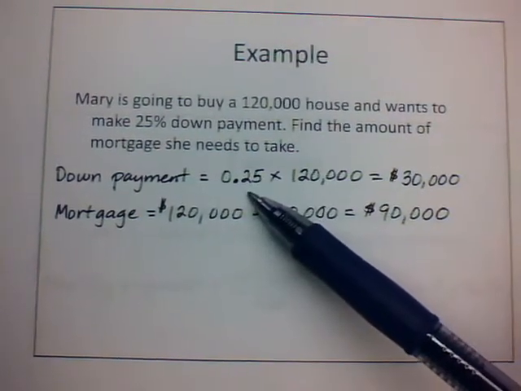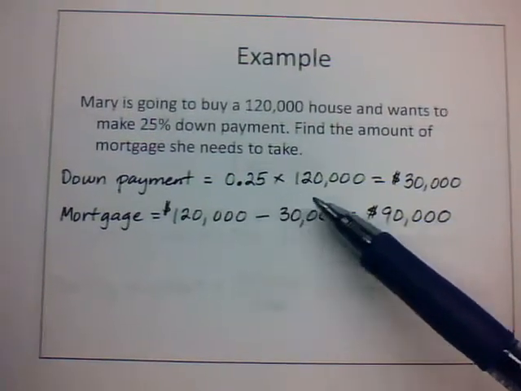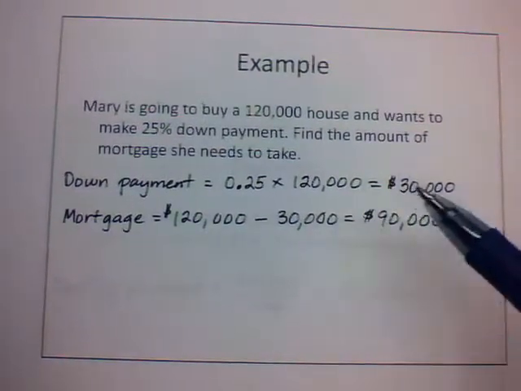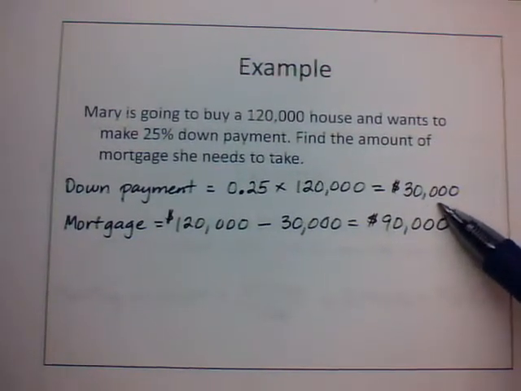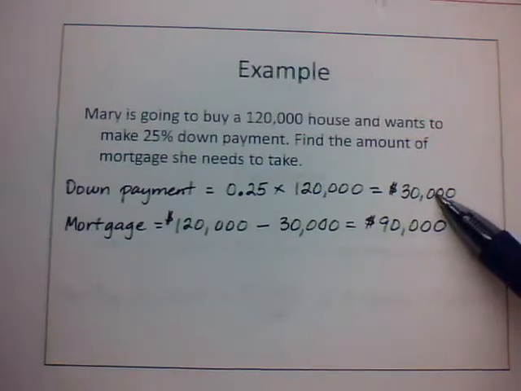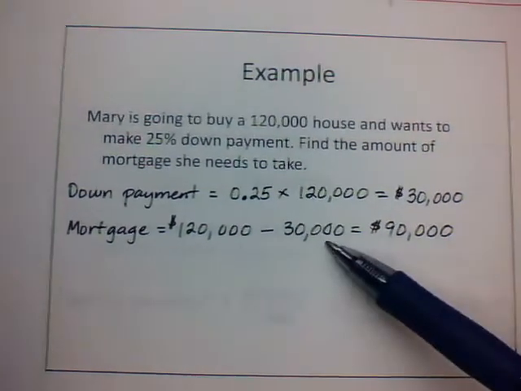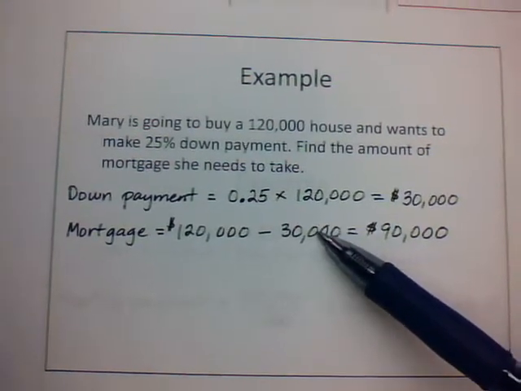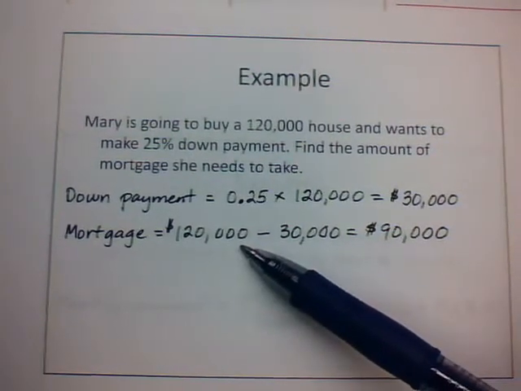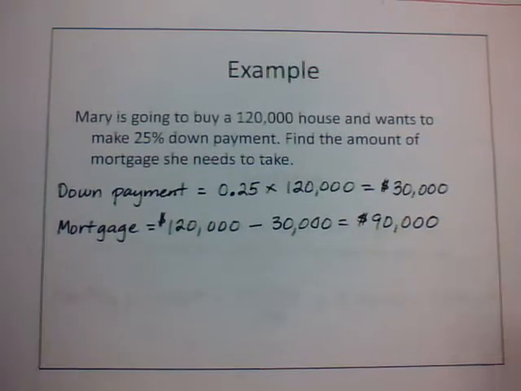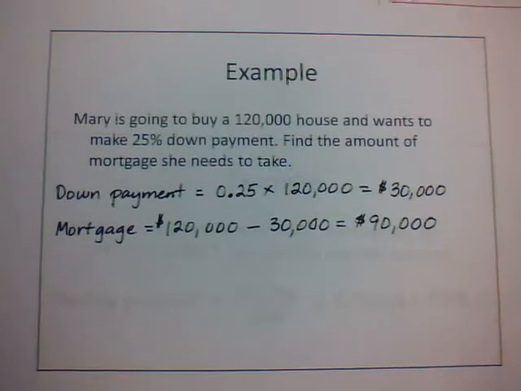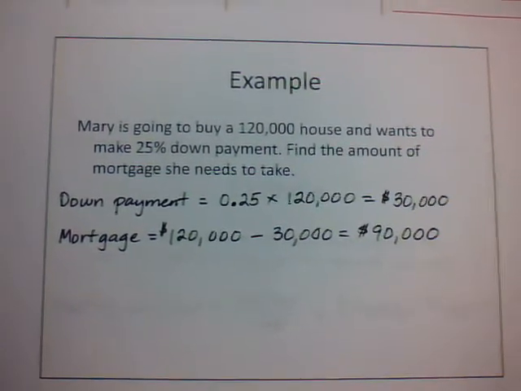So 25% as a decimal would be 0.25 times $120,000. That would give her a down payment of $30,000. So the amount of the mortgage in this case will be subtracting the $30,000 from the $120,000, which will be $90,000. So the amount of the mortgage is $90,000.